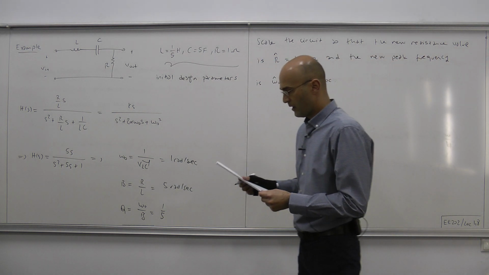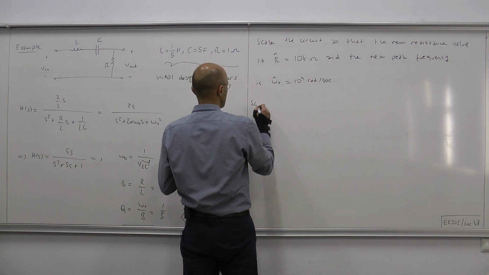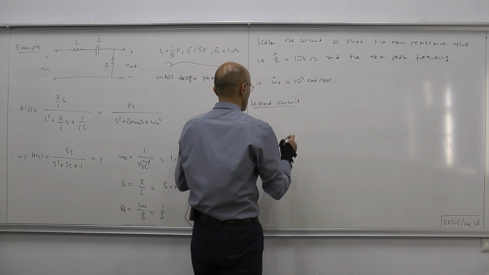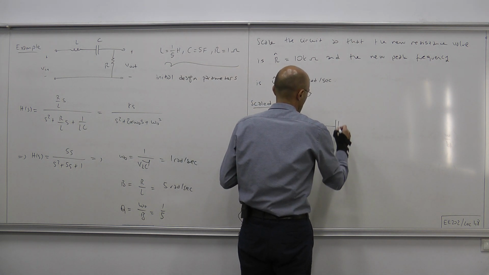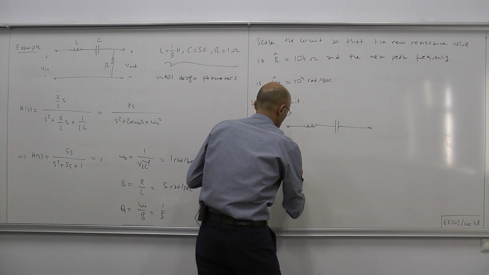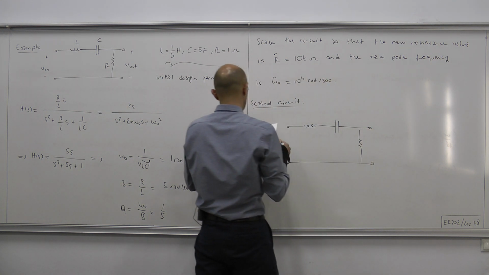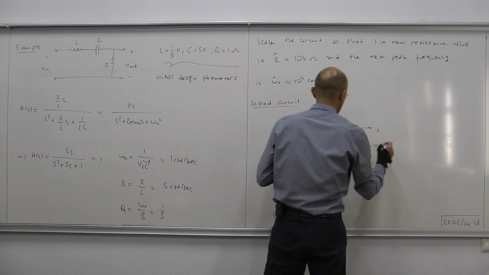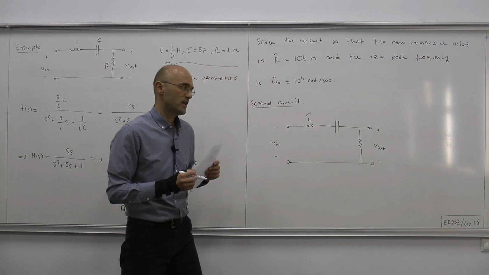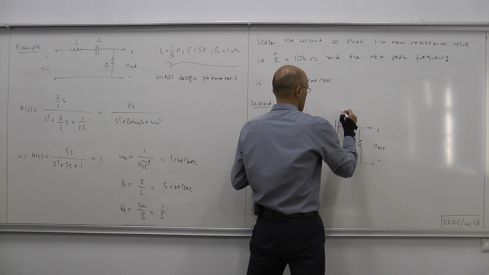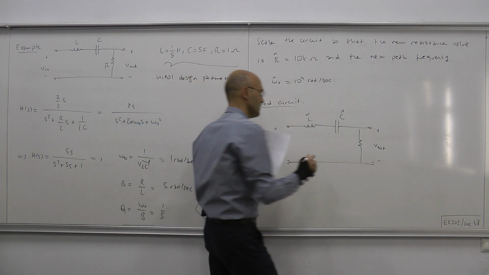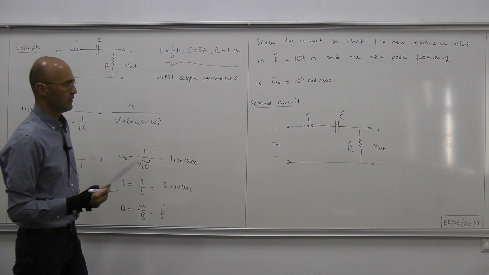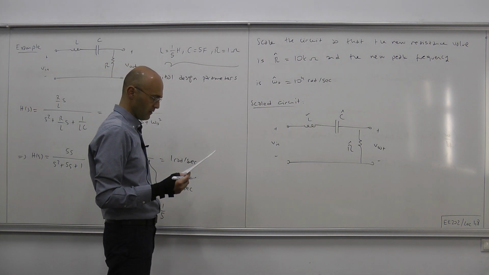So here is our scaled circuit, with plus minus V in, plus minus V out, and here we have the new inductance value, the capacitor with a new capacitance value, and likewise for our resistor, which we're labeling L hat, C hat, and R hat respectively.